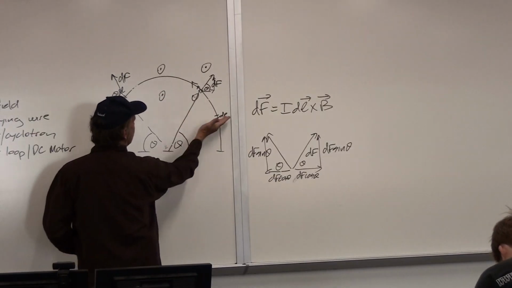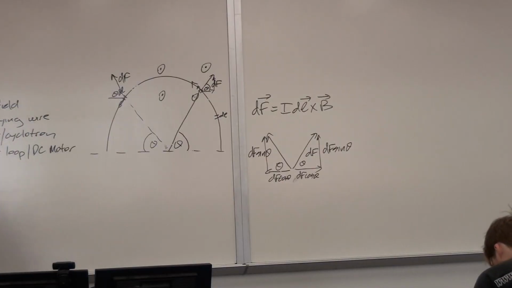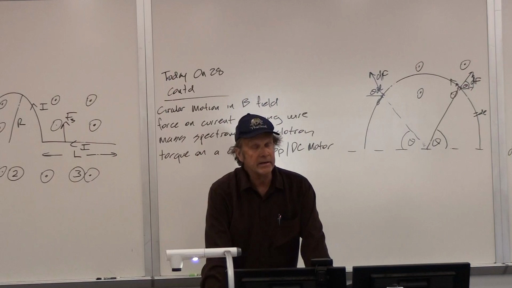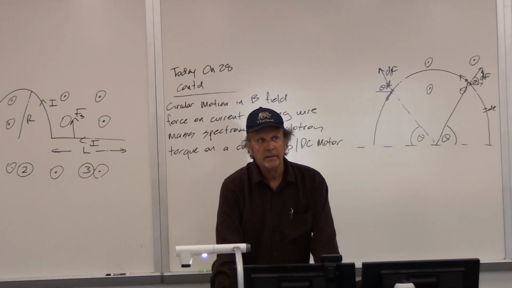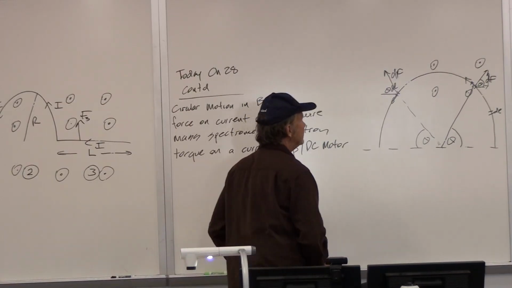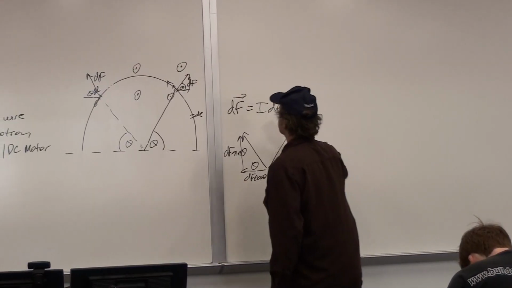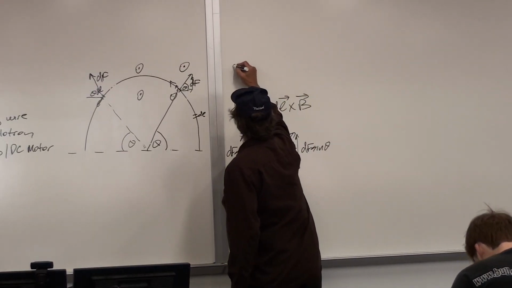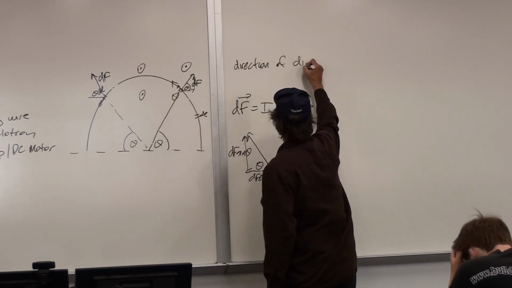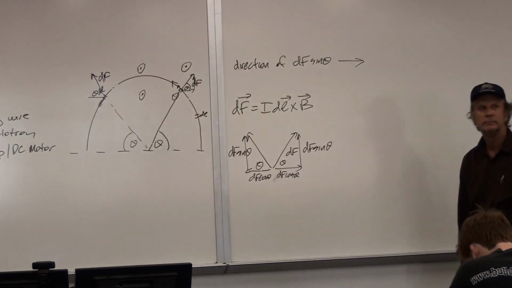For this angle here, I've got this one, but then I've got this one. So that for every one that has an x component that points off to the right, I've got another one at an equal angle on the other side that has a component that points off to the left. So the only thing that survives is dF sine theta. So this gives us the direction. And that's what? Up.